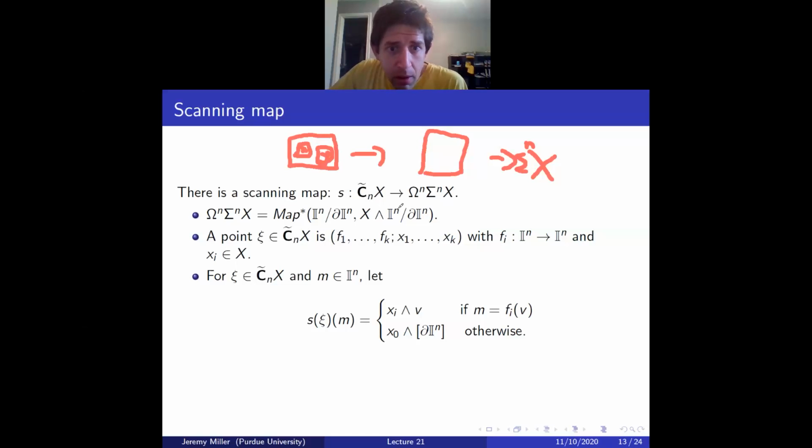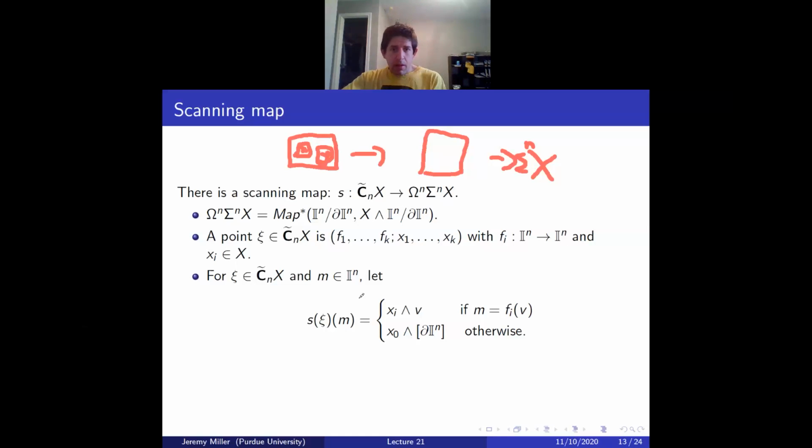So what's a point in this cube space? It's a collection of embeddings and a collection of points in X. And remember, they're not ordered. These embeddings are disjoint, they have disjoint images, and none of these things are ordered, but the symmetric group is acting diagonally, so you know which point is associated to which embedding, but you don't have it in global order.